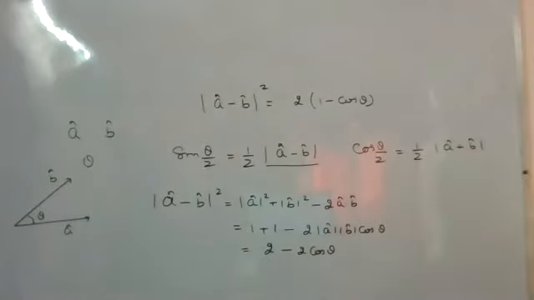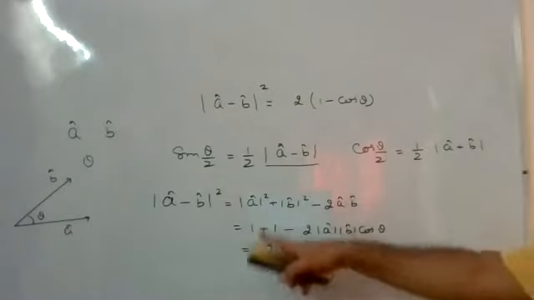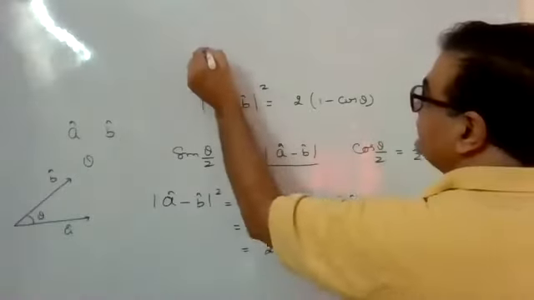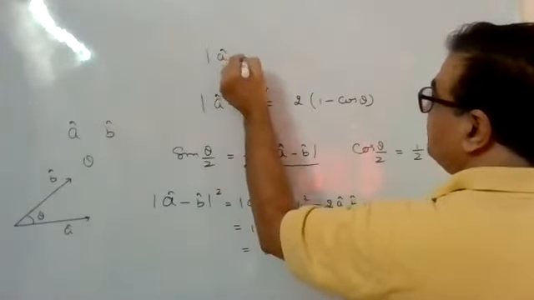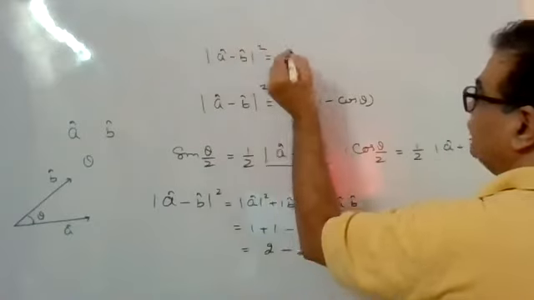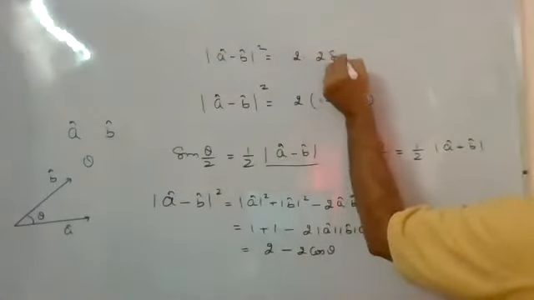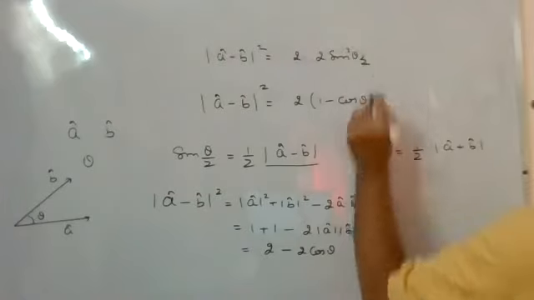Is it right? And what is 1 minus cos theta? Is this part clear? Then we write this as magnitude of A cap minus B cap square will be 2 into 2 sine square theta by 2.